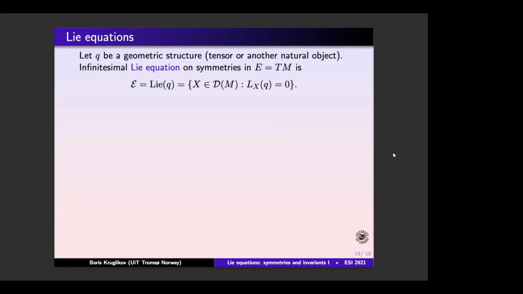I just write it in the simplest way, like the Lie derivative of something equal to 0.